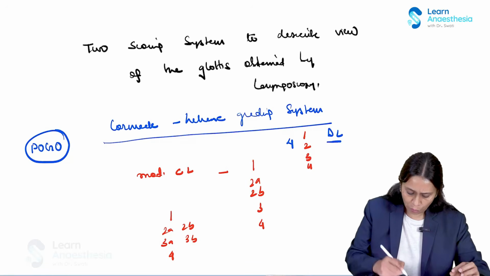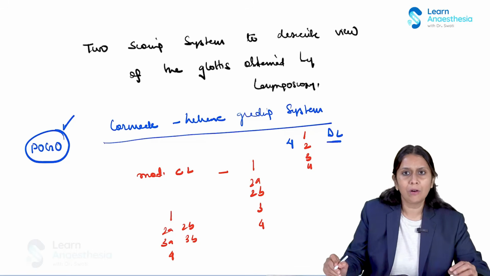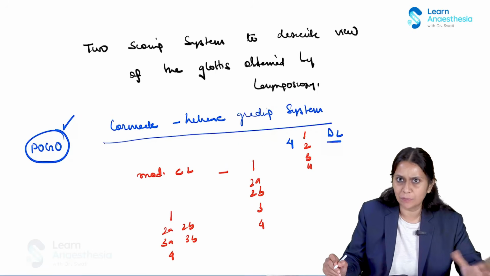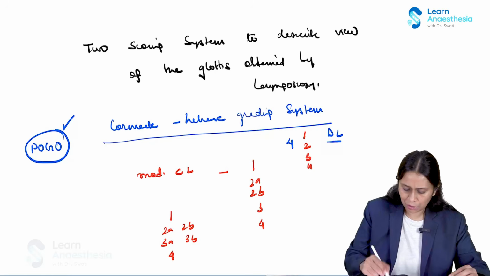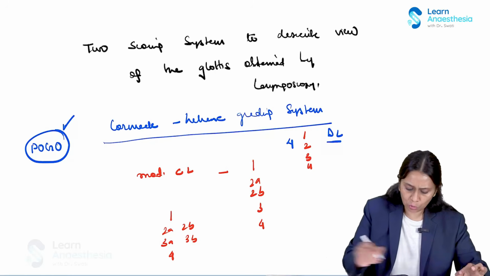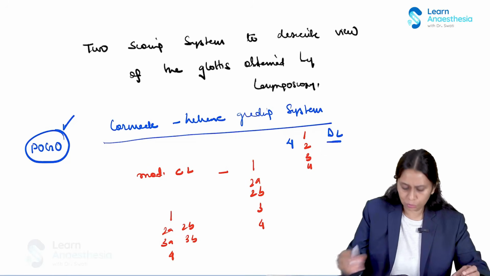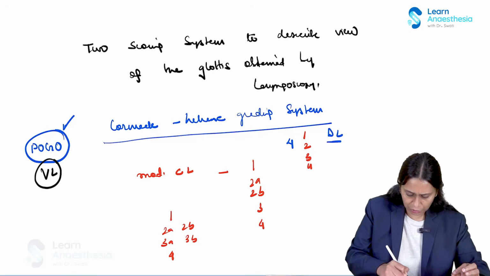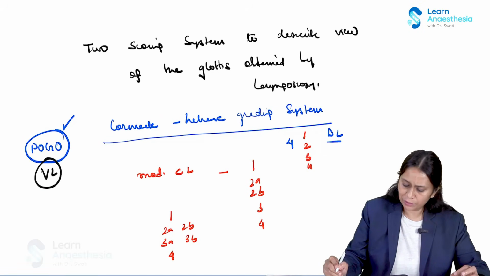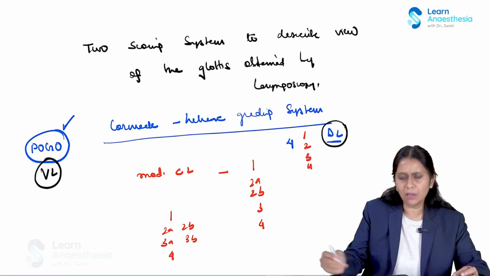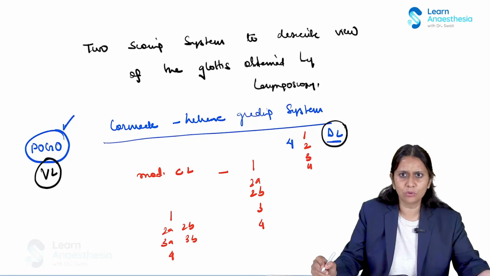So POGO gives us a more precise estimate of the glottic opening compared to the Cormack-Lehane. For video laryngoscopy, we particularly use this POGO score, right? For direct laryngoscopy, we can use the Cormack-Lehane grading system and the POGO score as well.